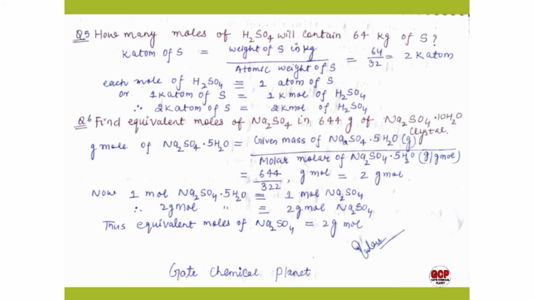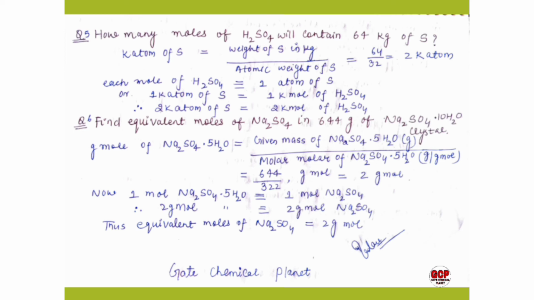So now we will come to question number 5. How many moles of H2SO4 will contain 64 kilograms of sulfur? In this question it is asked how many moles of H2SO4 will contain 64 kilograms of sulfur.